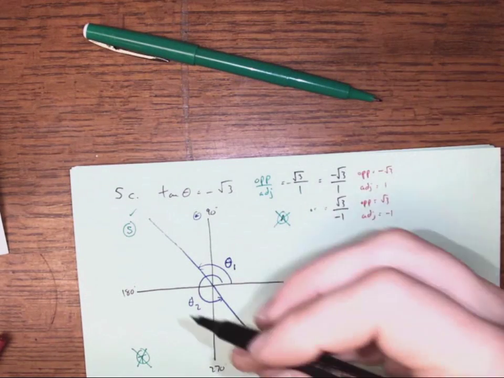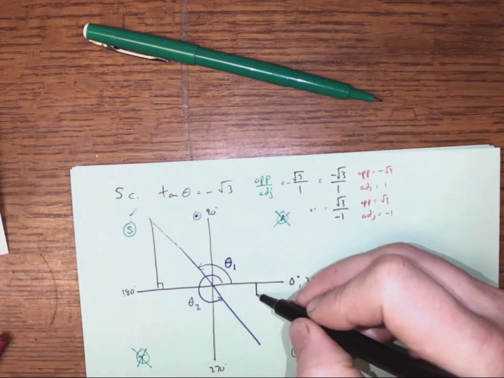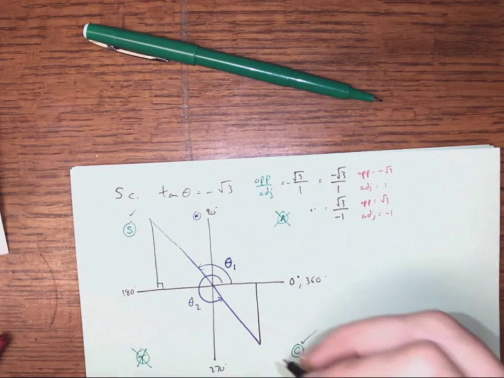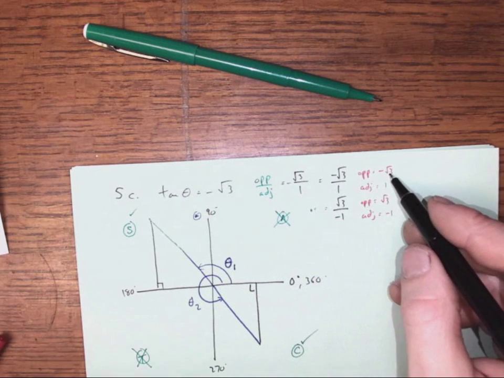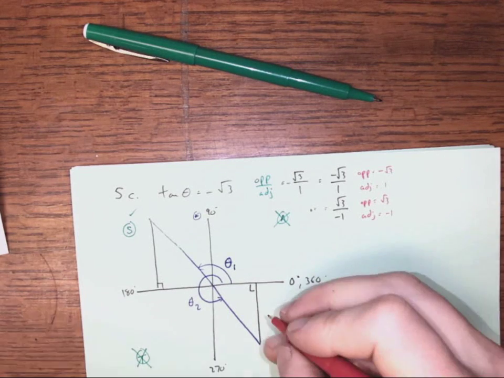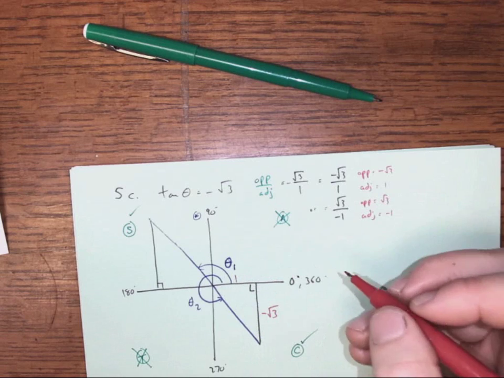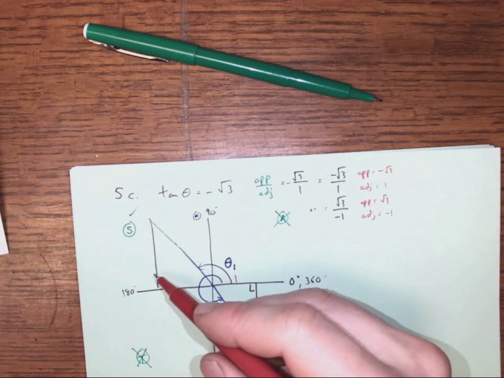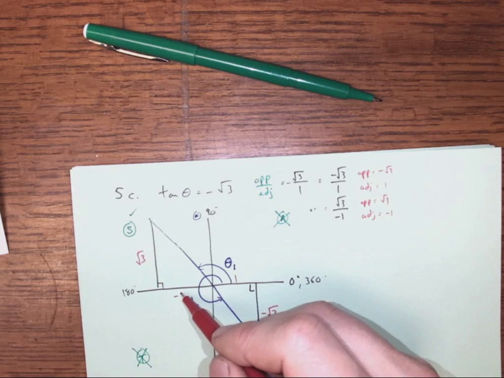So we're going to have some opposite of -√3, which actually corresponds to this diagram here. You have an opposite of -√3, but an adjacent of 1. Or, in this quadrant, we have an opposite of √3 and an adjacent of -1, which is interesting. All right, and you're probably seeing this looks like a special triangle we've seen before, and it does.